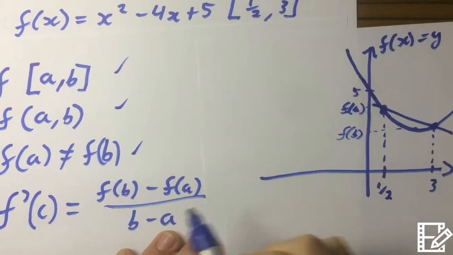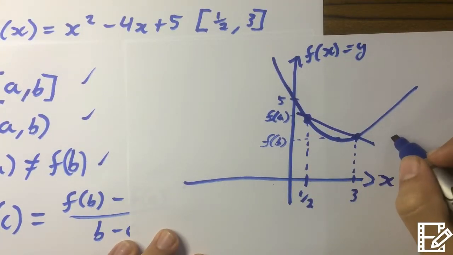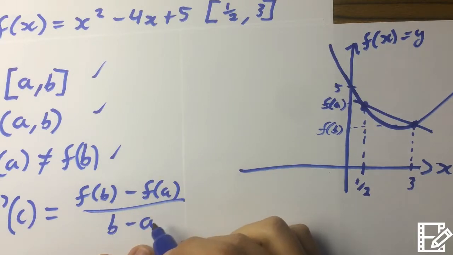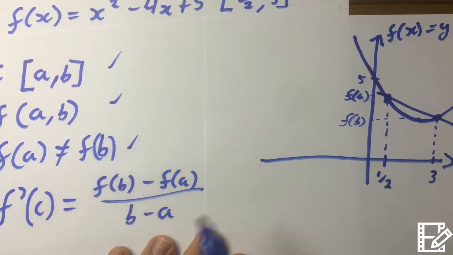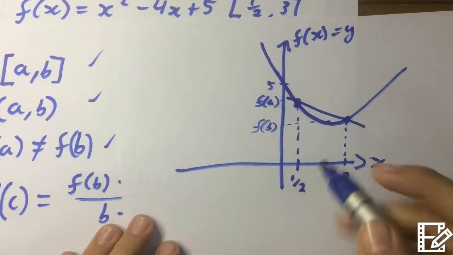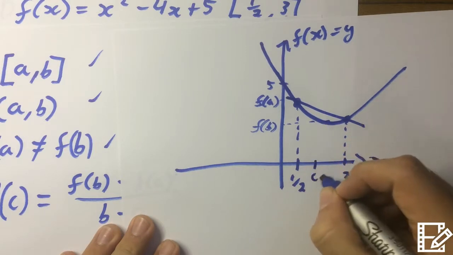What does this mean? This here means the slope of the secant line that runs through both points, which is f of b minus f of a over b minus a. And we're looking for the derivative of c, which is the slope, which is equal to this, which means the slope at point c would probably be around about here.